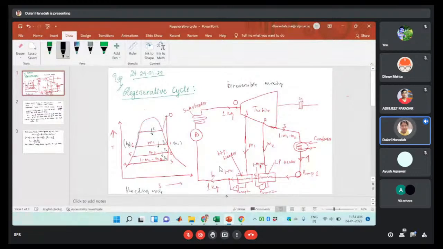So here in the low pressure heater, heat addition is happening, M2 into H2 minus HF5, right, which is equal to 1 minus M1 minus M2, right, which is multiplied with your HF, so this is your HF3.